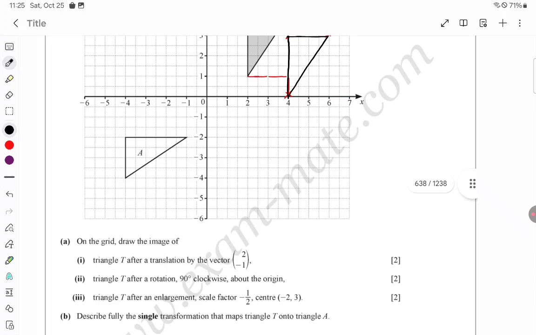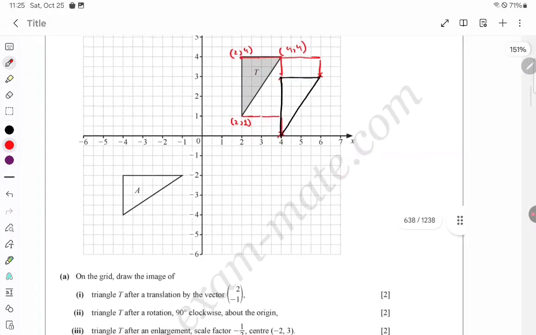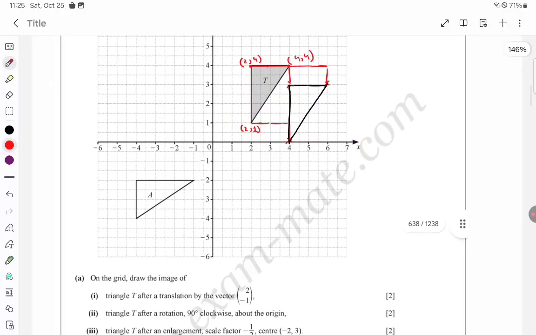So from the origin, first mark the points of the original triangle T, which are 2 comma 1, 2 comma 4 and 4 comma 4. For the first point from the origin, since we are moving in clockwise direction, the triangle should be like this.